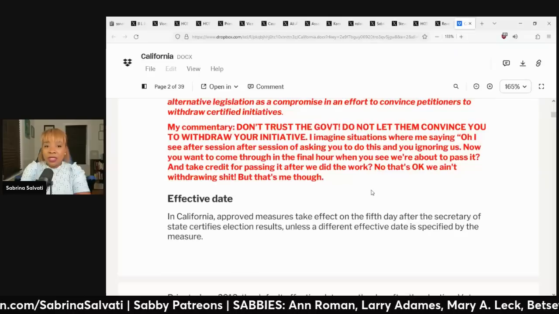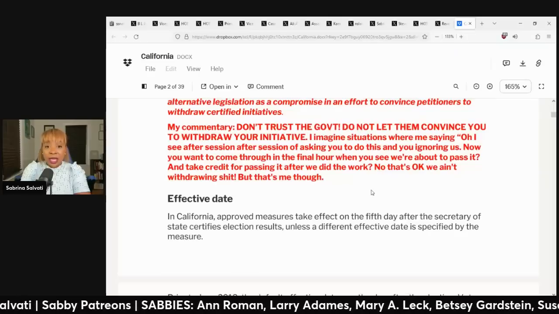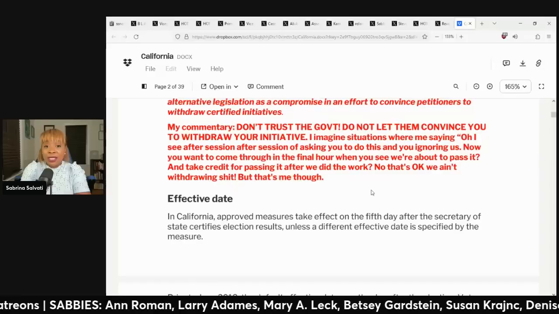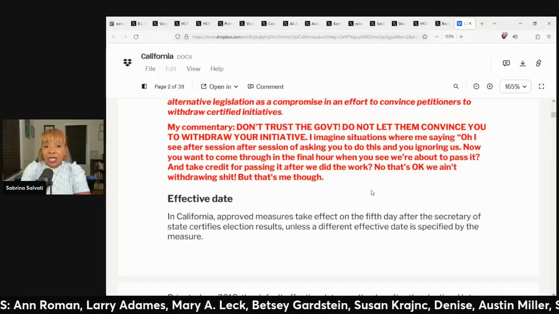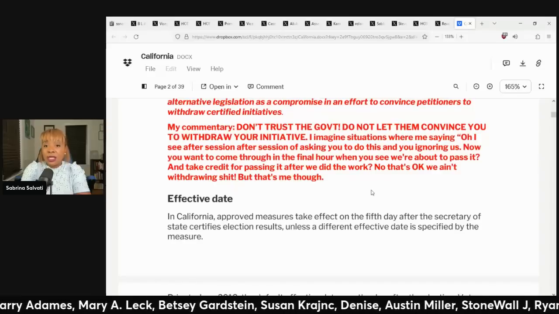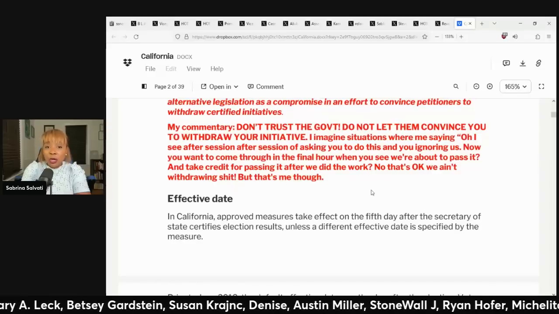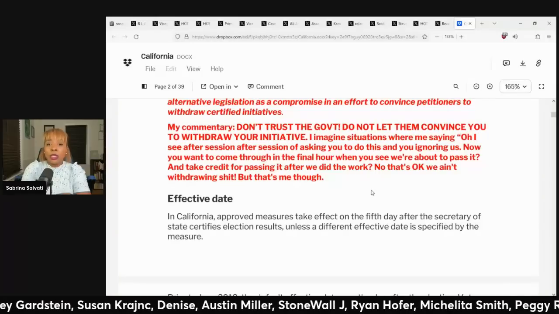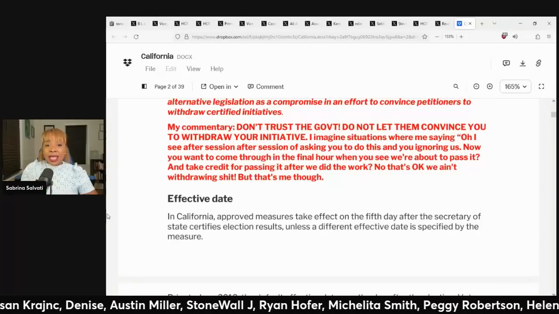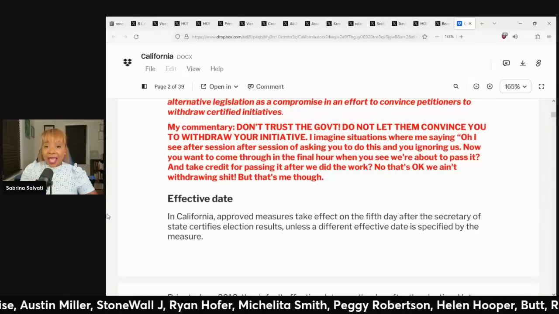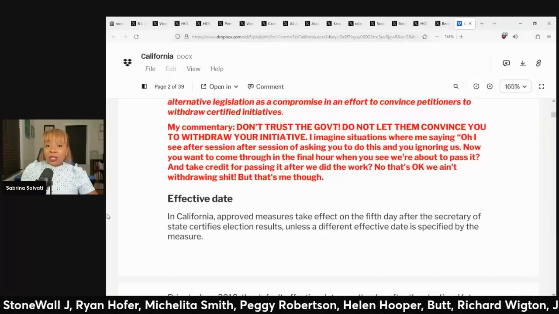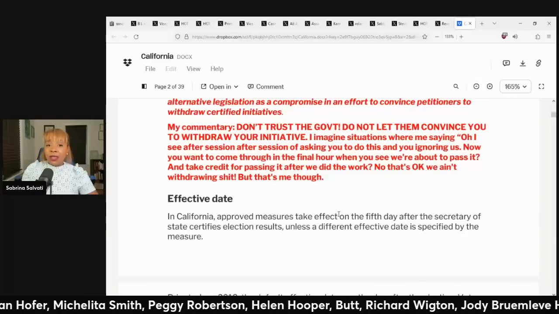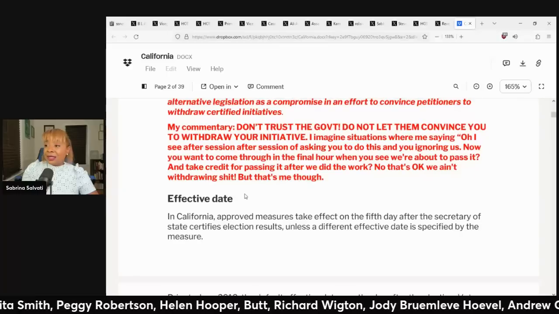Don't let them convince you to withdraw your initiative. I imagine situations where, after a session of asking you to do this and you're ignoring it, now you want to come through in the final hour when you see we're about to pass it and take credit for passing it after we did the work. No, that's okay. We're not withdrawing it, but that's me though.